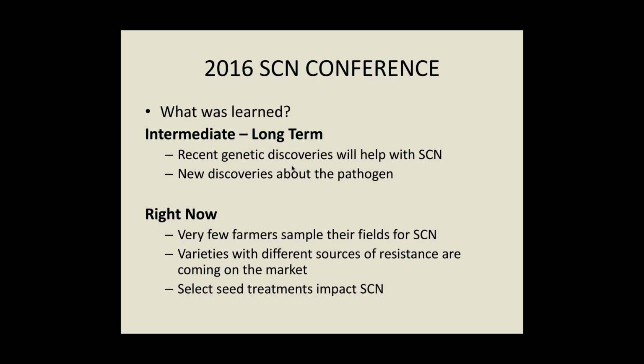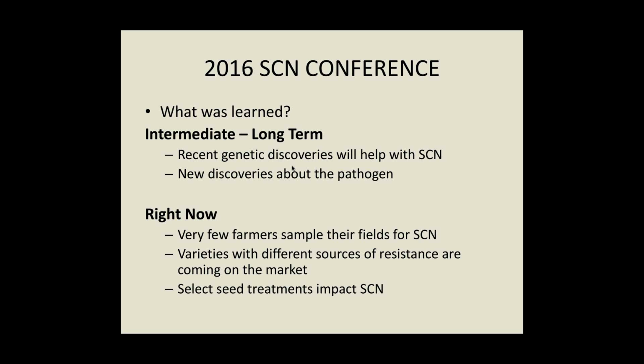There were even fewer people that would sample for cyst nematode and then ever go back and compare prior sampling years. So you sample, but the only way that data is important is if you sample and then you compare either back to the last time you sampled or to the time you'll sample in the future to see where those populations are going.